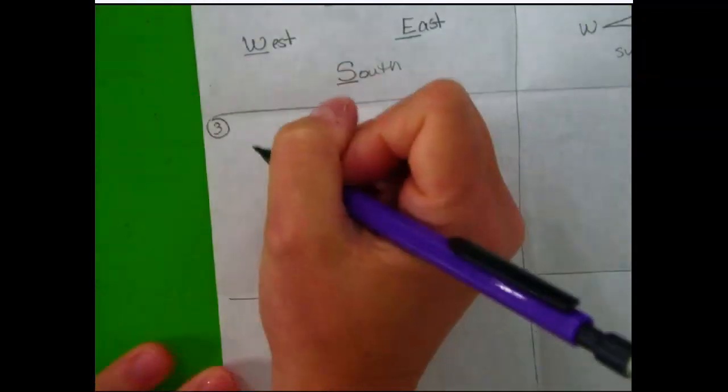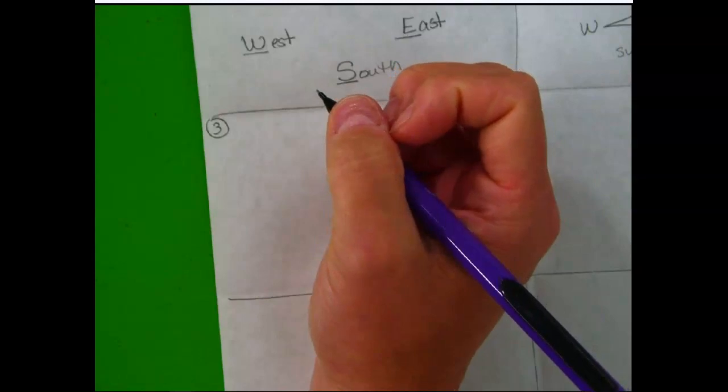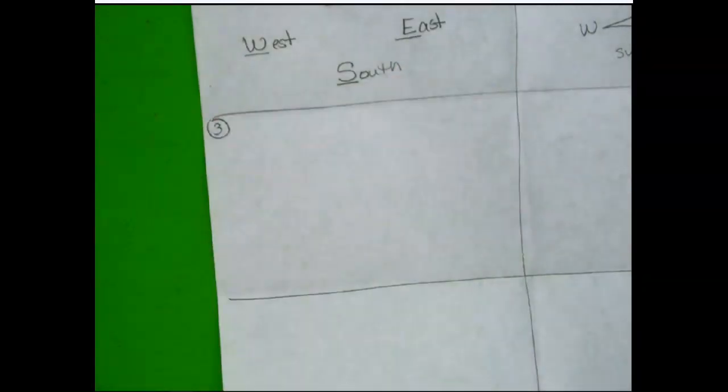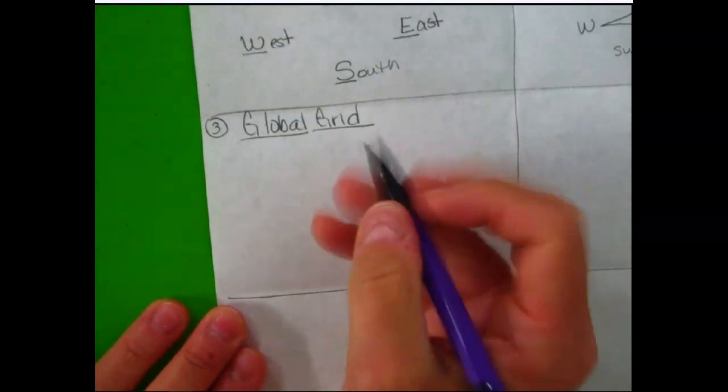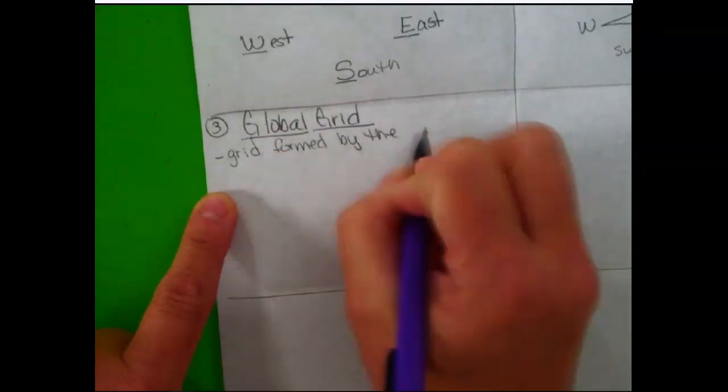Going down to my next line, I'm going to do vocabulary number 3, let's do a global grid. The global grid is a grid formed by the crisscrossing lines of longitude and latitude on a map.